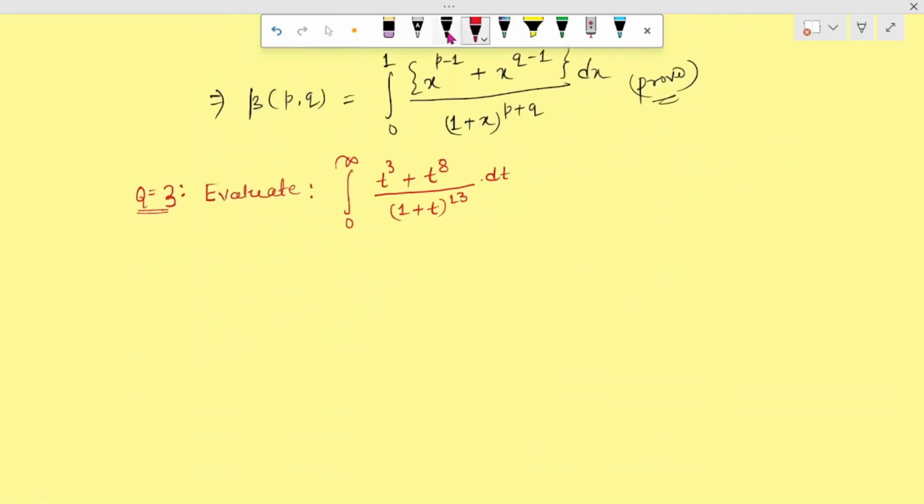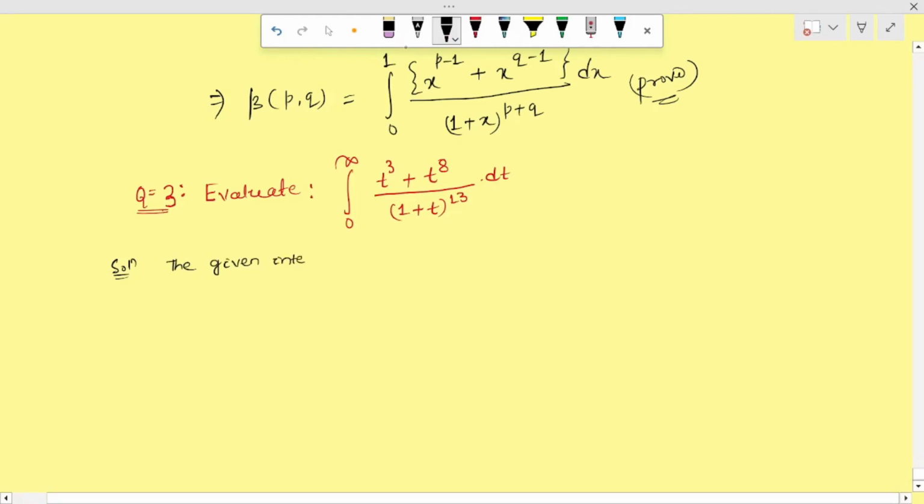Okay, solution. The given integral can be written as 0 to infinity.